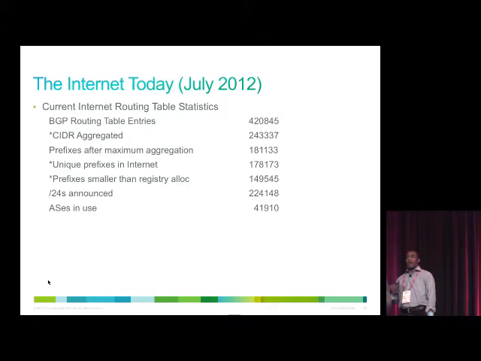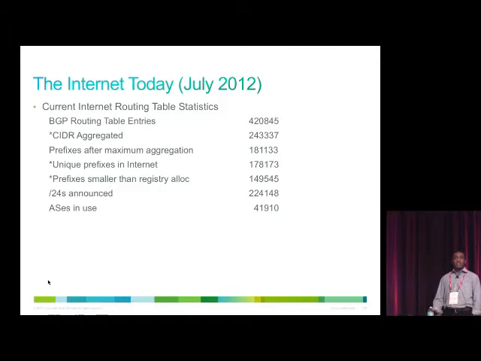But when you do analysis, if you do a CIDR-based aggregate, you can reduce it by close to half, as you can see, to 243,000. And if you do the maximum aggregation, even doing a superset of the CIDRs, you can get down to 181,000 routes.